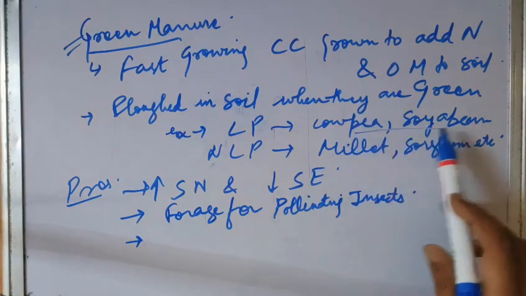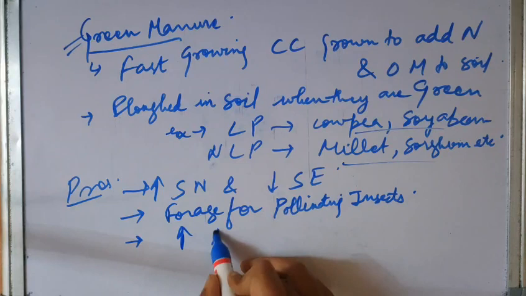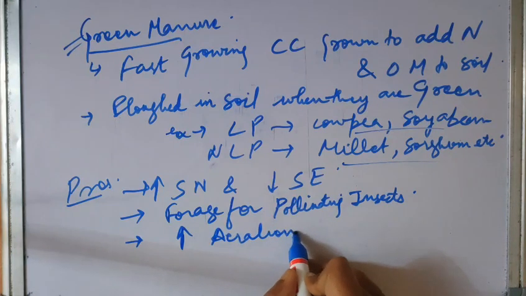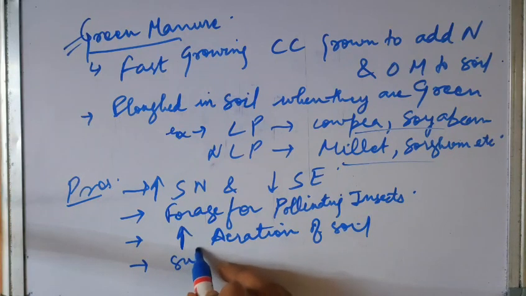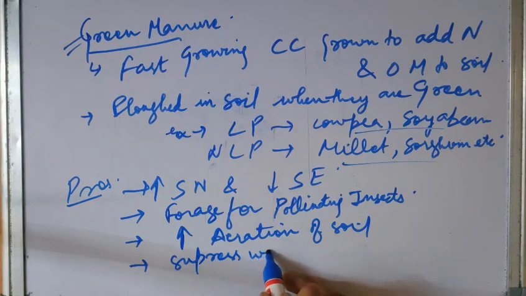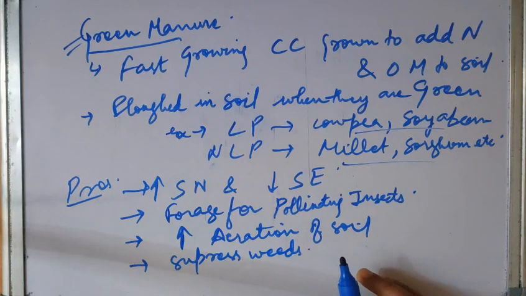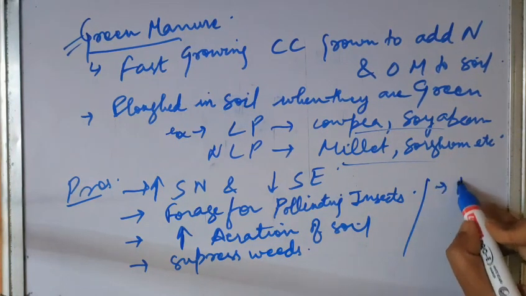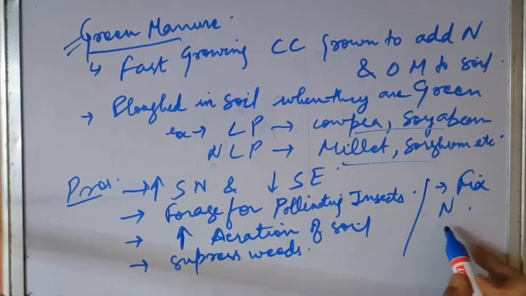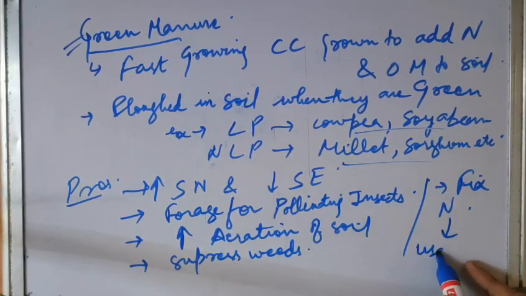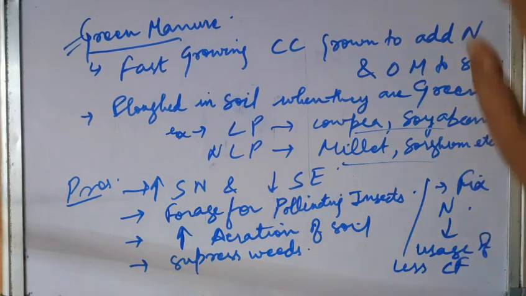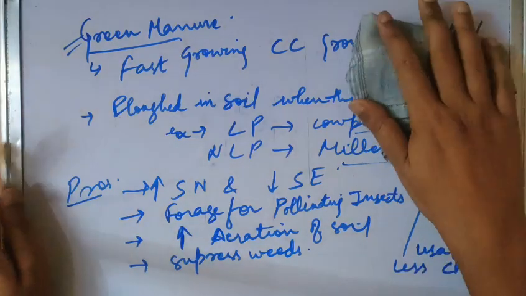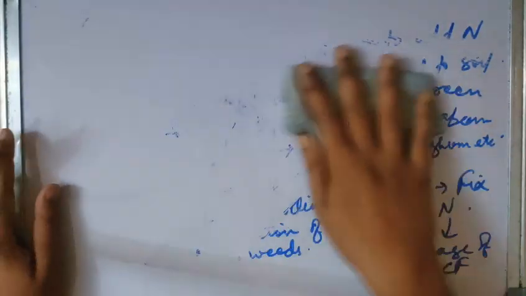The root system of these plants increases aeration of soil. Suppress weeds. Fix nitrogen, and hence less chemical fertilizer is used. So what are cons? What are disadvantages of green manure?